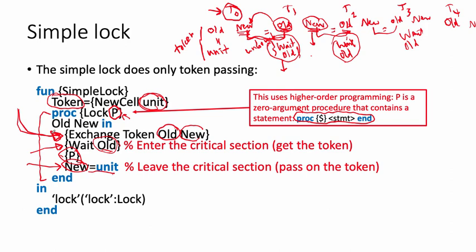You're getting the token, and the wait is the gate which opens or closes. As soon as this variable is bound, you get in, you enter. And then when you leave, you tell the next guy that you can go in. So each thread will basically pass the token to the next guy. Okay, so you see how that works?